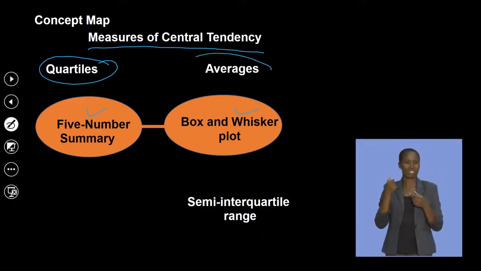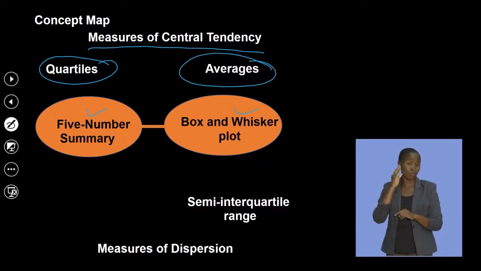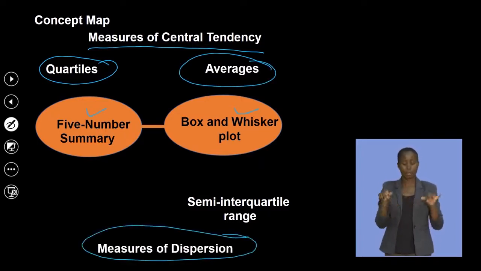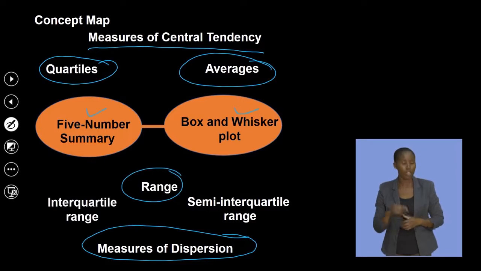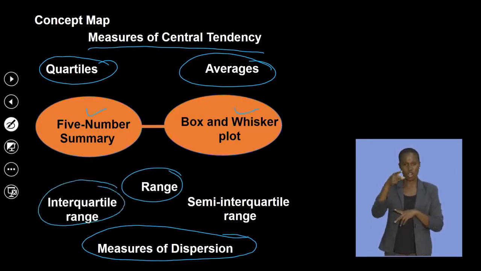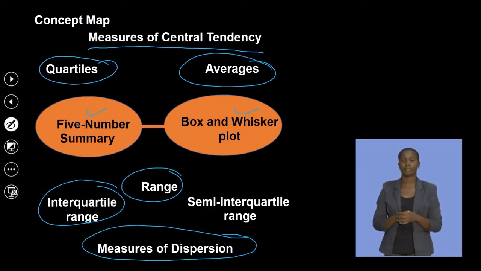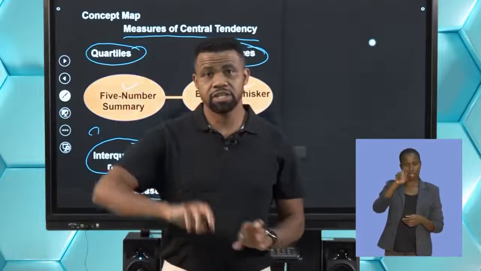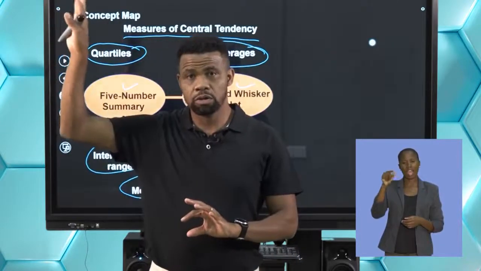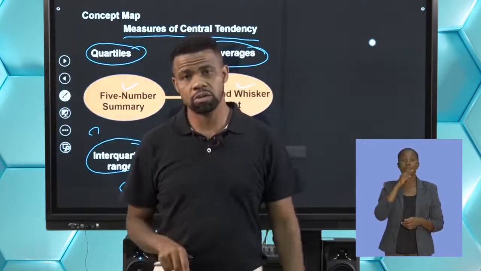Then the average, which is the mean also. The measure of dispersion, how the data is scattered, is the range and the interquartile range. And remember that the interquartile range is the upper quartile minus the lower quartile.